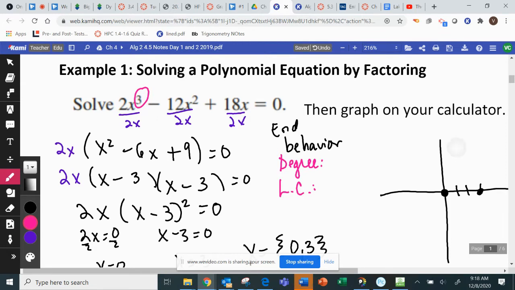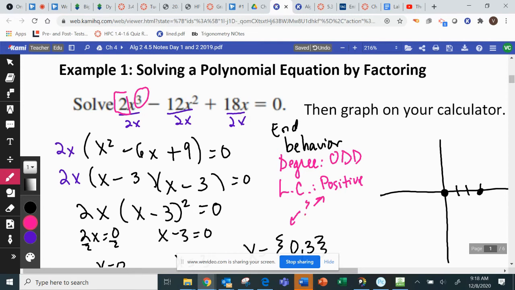Odd. The leading coefficient is 2, which is positive. So if we have something that is odd and positive, my end behavior is going to be like this, with something else happening in the middle.